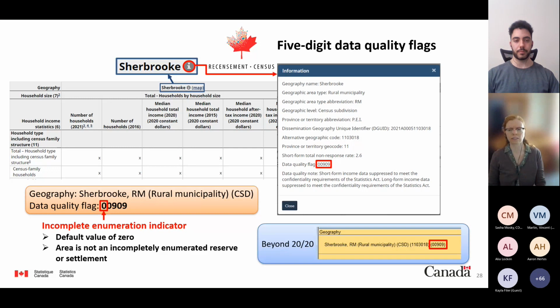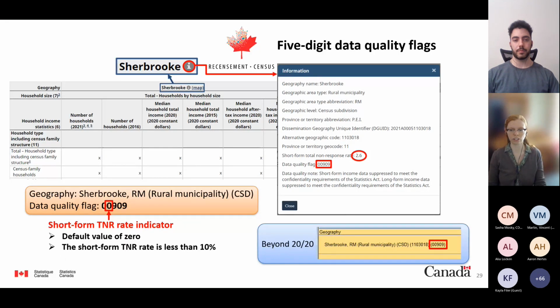For all censuses, there are some reserves and settlements where enumeration can't be completed, and census data aren't available for these areas. So 0 is the default value for the first digit, and it means that the area is not and does not contain an incompletely enumerated reserve or settlement.